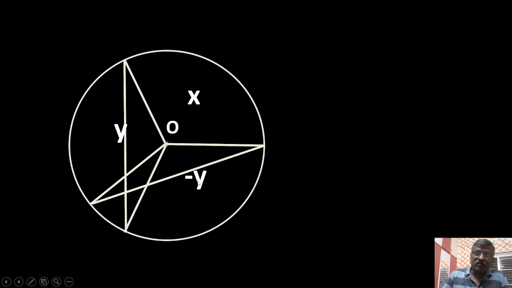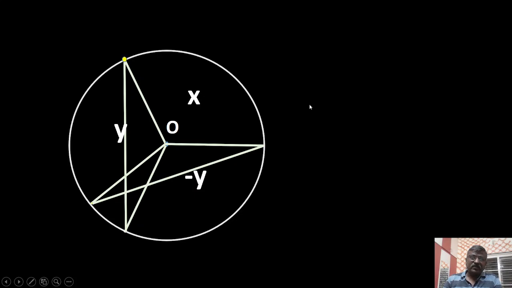So angle y here, and angle y here also, and both the triangles are congruent because of side and the included angle, SAS. This radius, angle y, radius, therefore it is SAS. Therefore they are congruent. So this is the complete picture of the diagram.